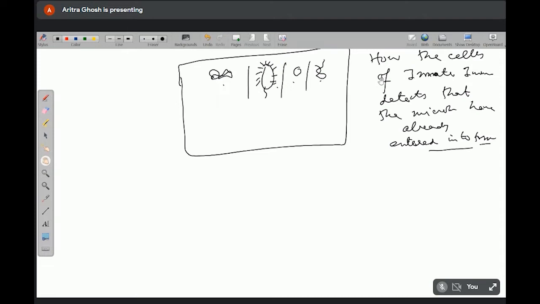Okay, spiky molecules are there, and these act as spike proteins, antigen.